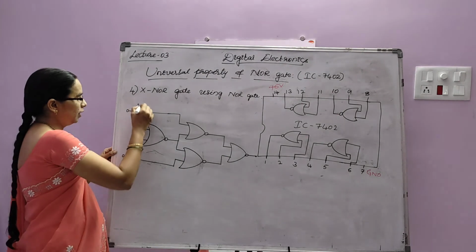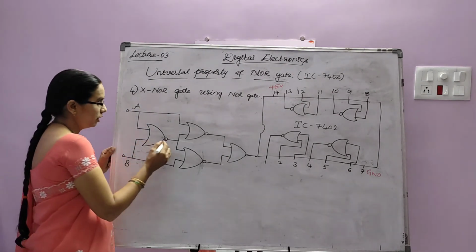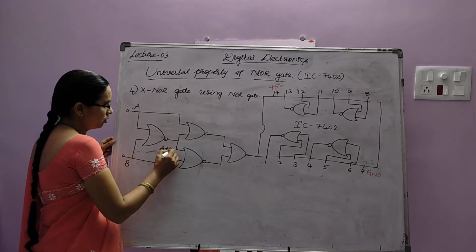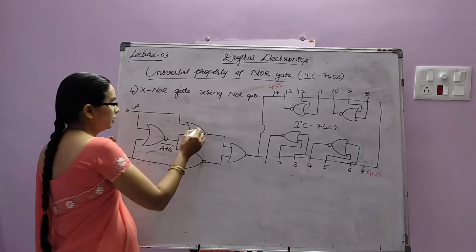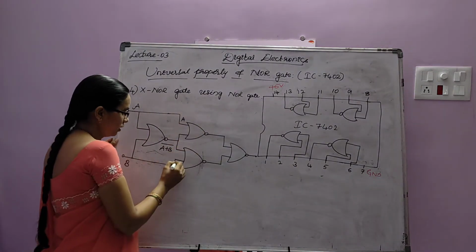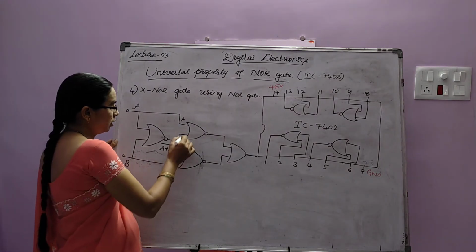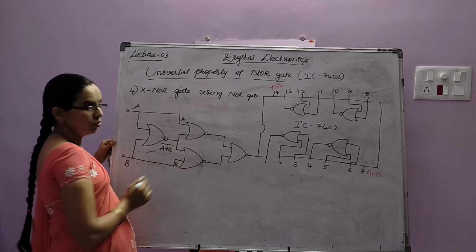Here A and B are the two inputs of this NOR gate. The output here will be (A plus B) whole bar, and here the input A, here input B, and (A plus B) whole bar will be the other inputs of these two gates.